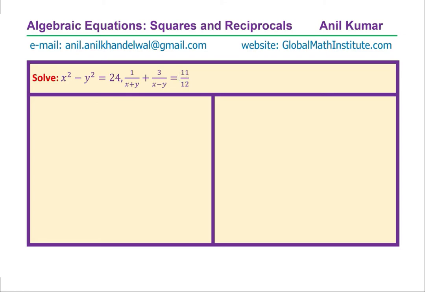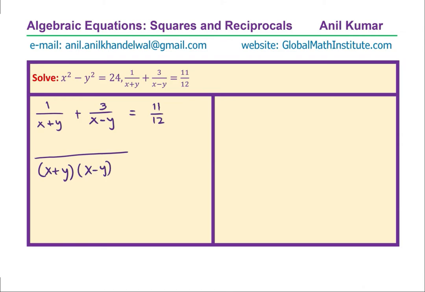So let's rewrite the second equation, which is 1 over x plus y plus 3 over x minus y equals 11 over 12. Taking a common denominator on the left hand side, we get x plus y times x minus y, and in the numerator we get x minus y plus 3 times x plus y equals 11 over 12.